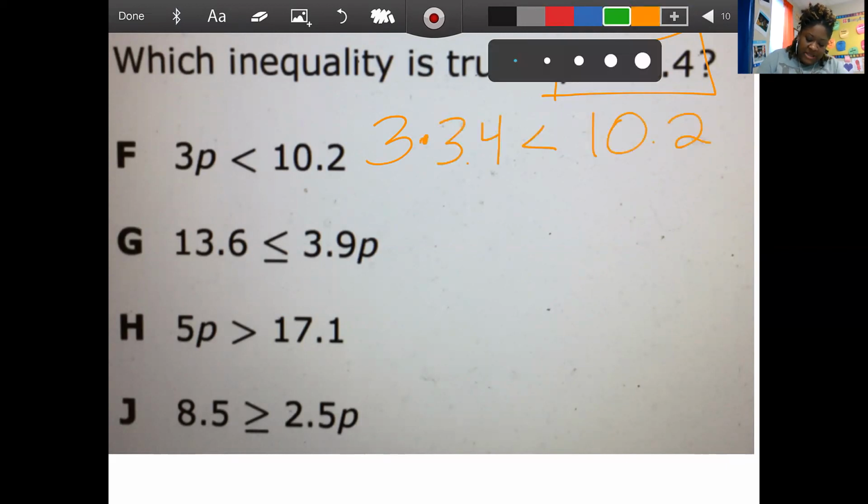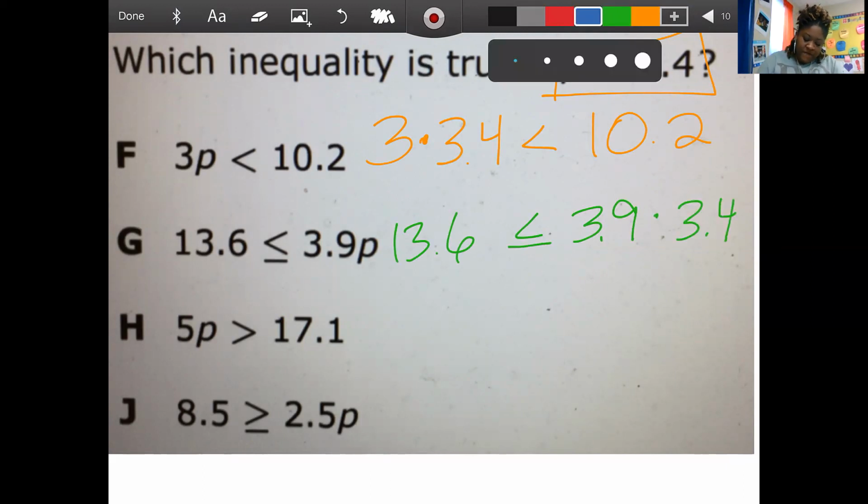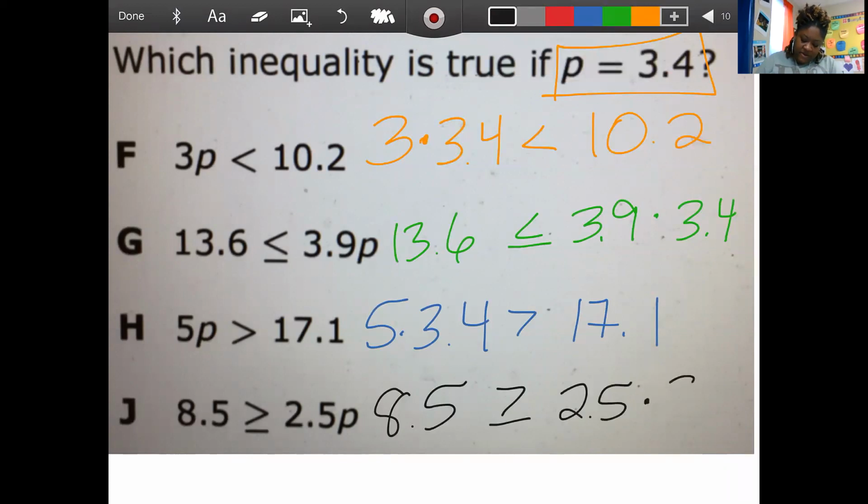Next, 13.6 is greater than or equal to 3.9 times 3.4. 5 times 3.4 is greater than 17.1. 8.5 is greater than or equal to 2.5 times 3.4. Okay, solve all of those and you're finding out which one is true, okay?